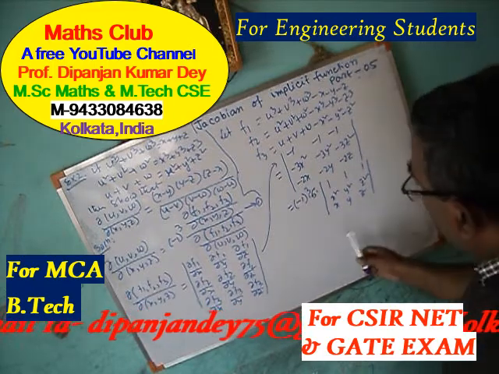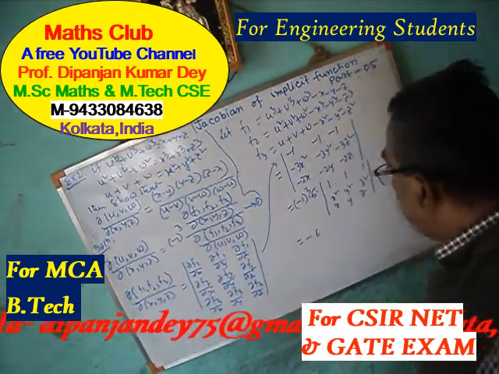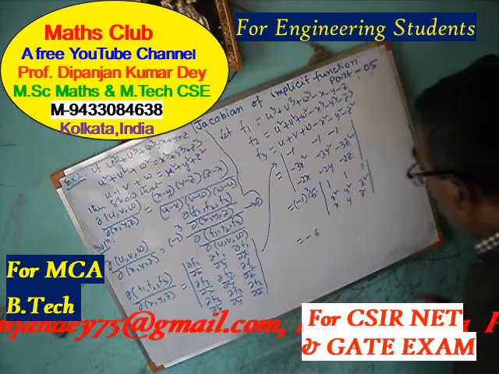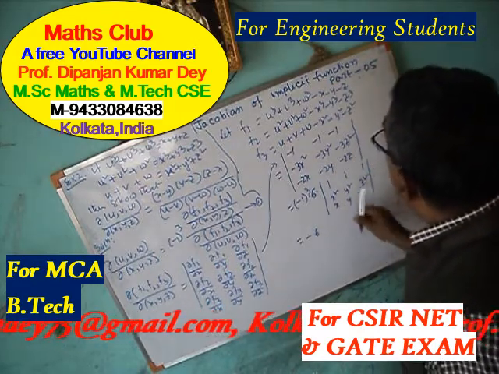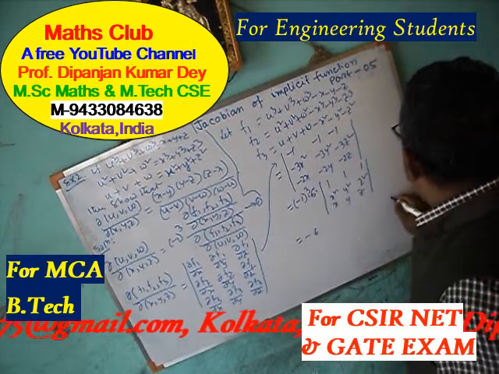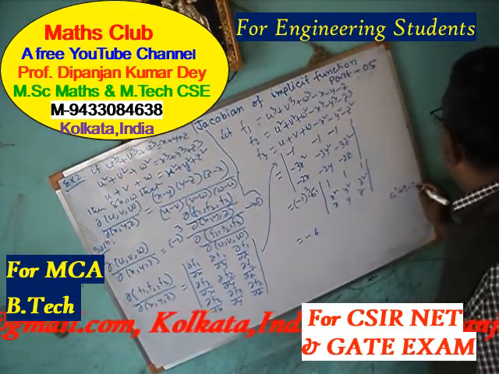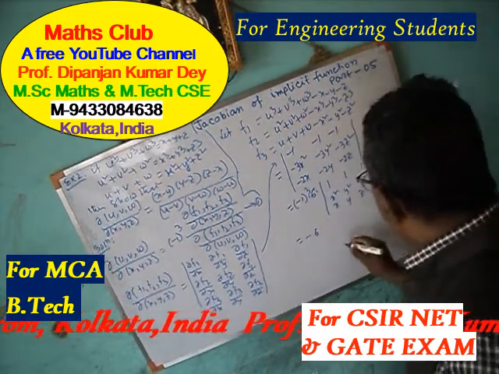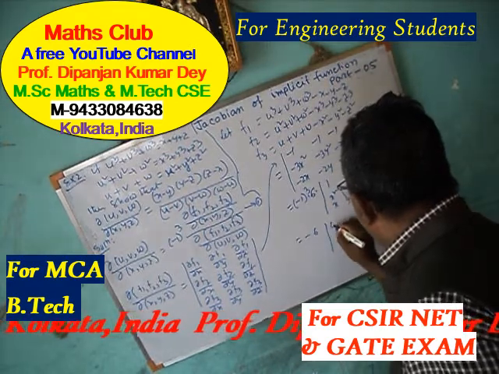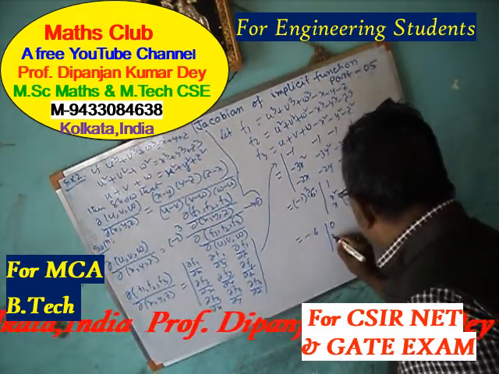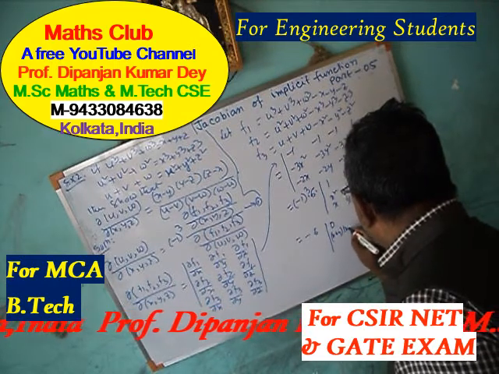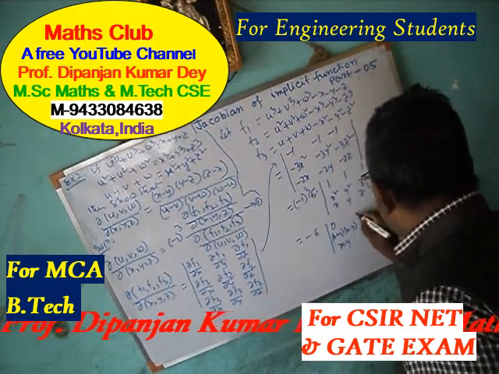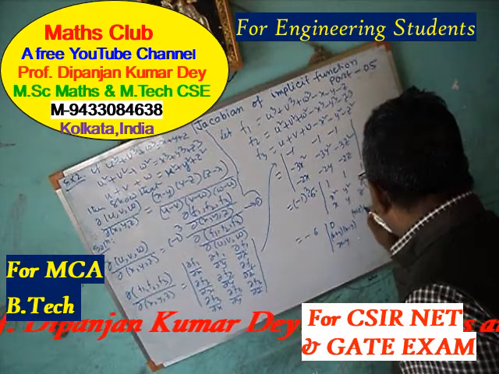This is the determinant value, that is minus 6 into, what I am doing, C1 dash equal to C1 minus C2, then C2 dash equal to C2 minus C3. Okay, so that means you will get 0, x square minus y square, that means x plus y into x minus y. Next, here this minus this, that is y plus z into y minus z.